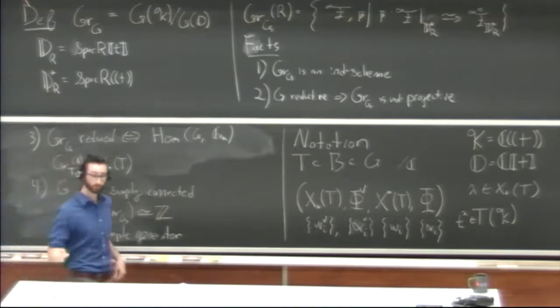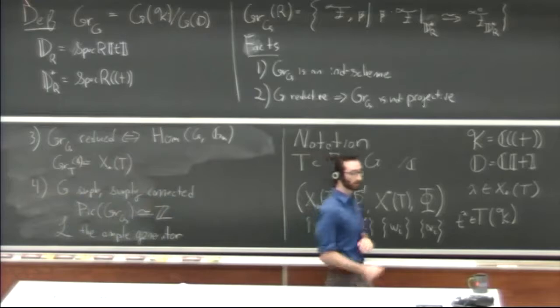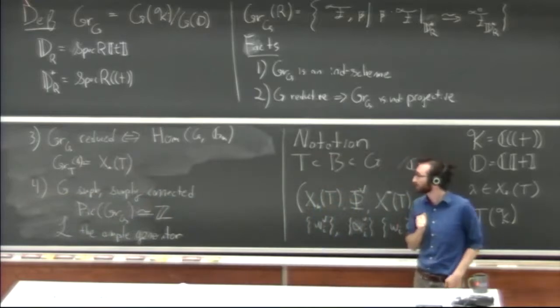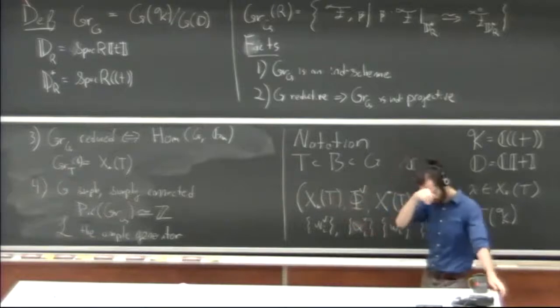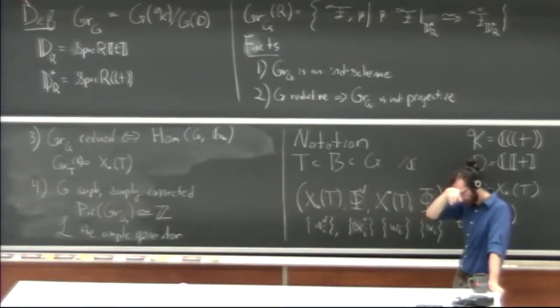Mark, may I jump in here with a question? Yeah, absolutely. If you divide your non-reduced scheme by the nilradical, is that the same thing as just taking your reductive group and dividing by the radical to get it to be semi-simple, or is it something more elaborate than that?